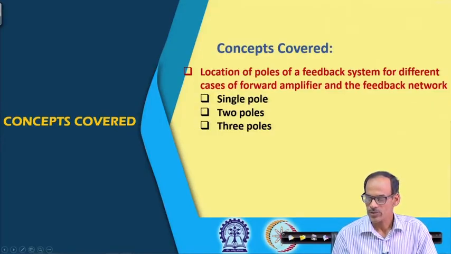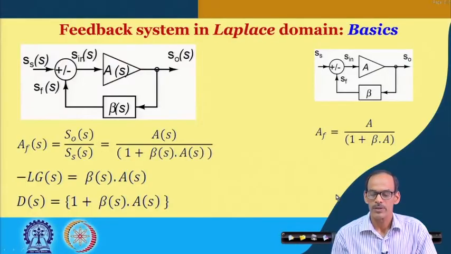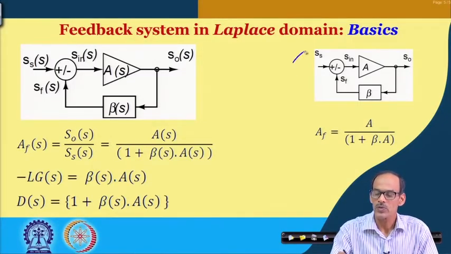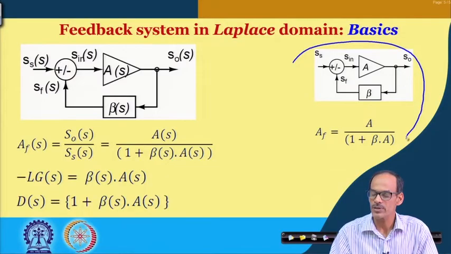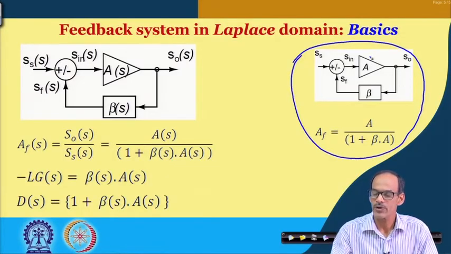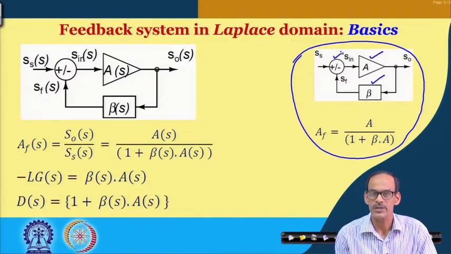Now, let us come to the first case. But before we go into the first case, we recapitulate what we have discussed. We have this situation where this is the forward amplifier, this is the feedback network, and then we have a signal mixer and a signal sampler.